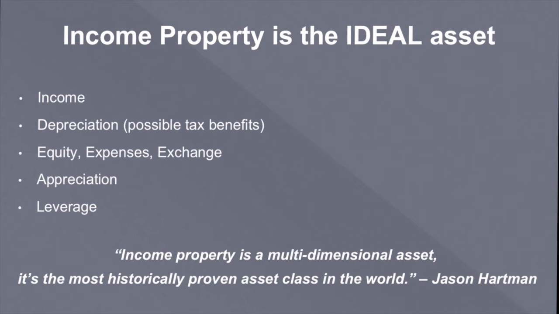And you get to control that asset in a way that you can increase your wealth at 5 times the speed if you have that 5-to-1 leverage ratio. So that's just an example. If you can get more leverage, hey, more power to you. Leverage is great. But this is why income property is ideal, IDEAL, because it has these fantastic features. It is a multi-dimensional asset class, and that's what makes it the most historically proven asset class in the entire world.